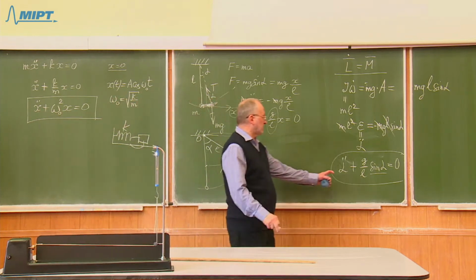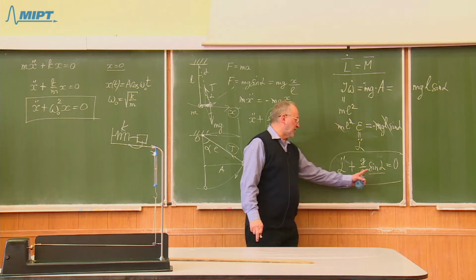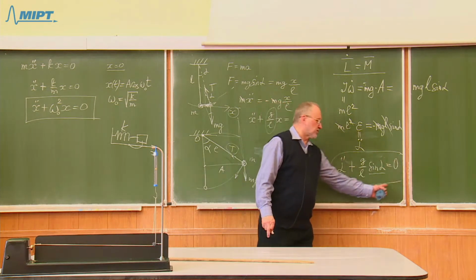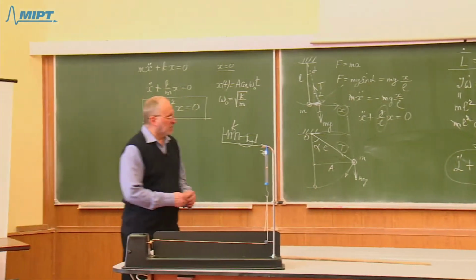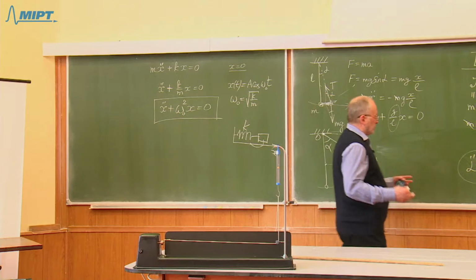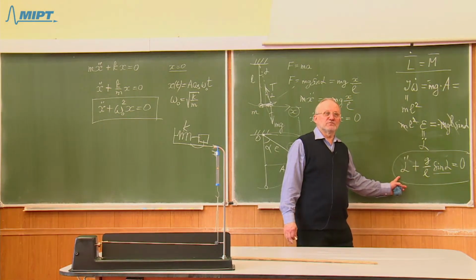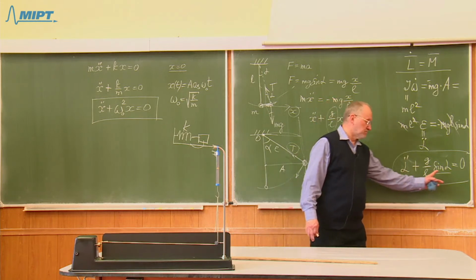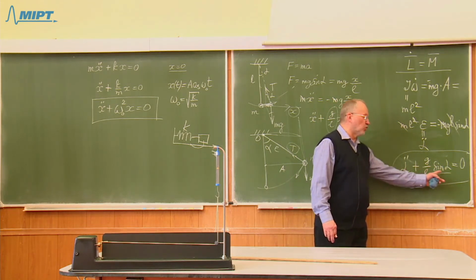And here I have the second derivative of alpha and sine alpha. That's why this equation describes unharmonic oscillations. The solution of this equation is not a harmonic function of sine or cosine. It's much more complicated.